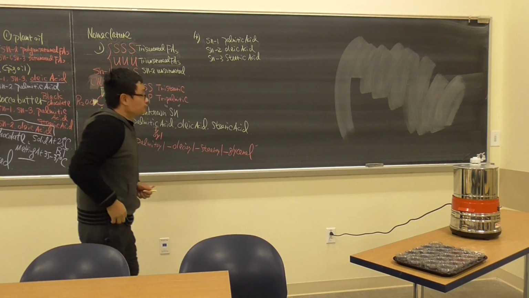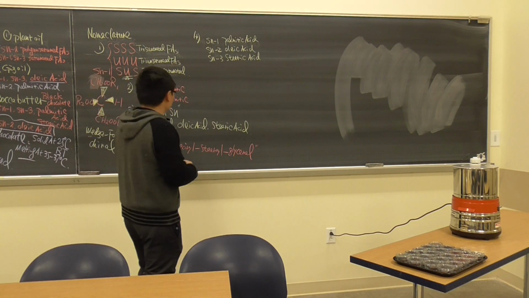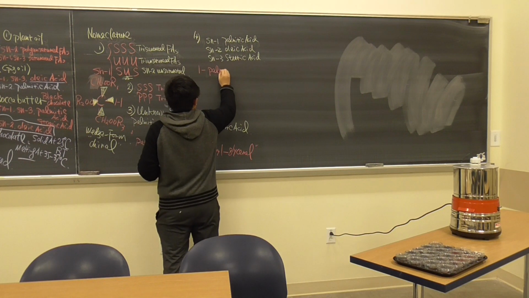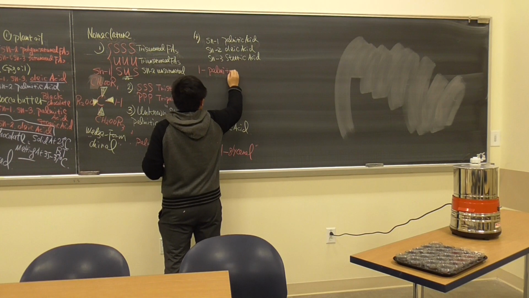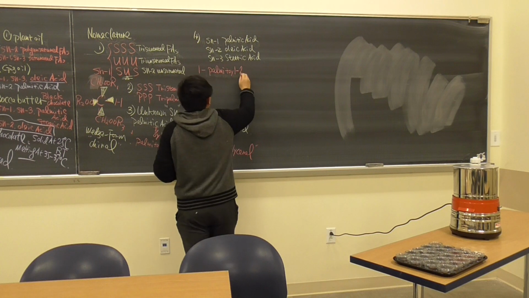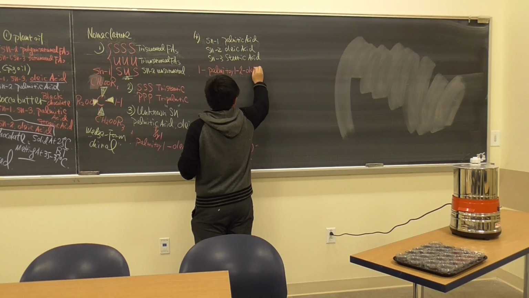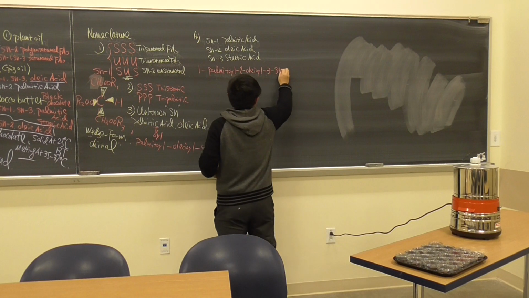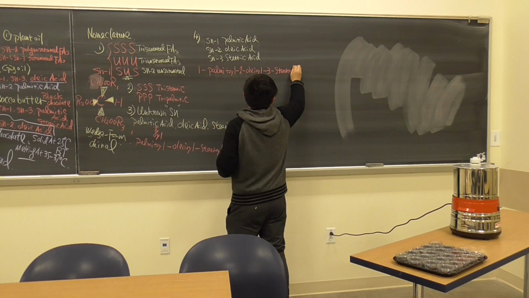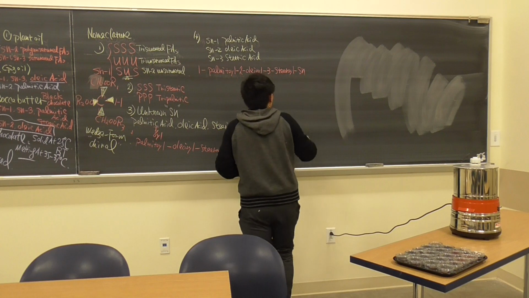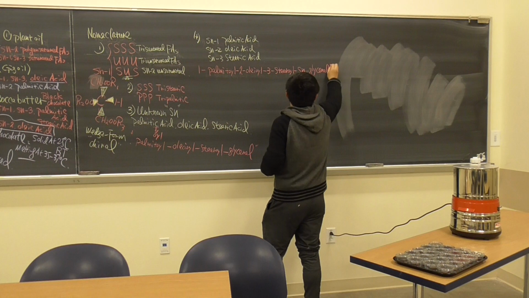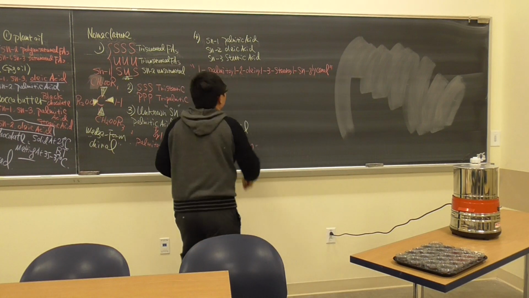So how do we do it? The other way we could do is we say 1 palmitoyl, 2 oleoyl, and 3 stearoyl. Don't forget the SN, stereospecific number, and glycerol. That's another way to do it.